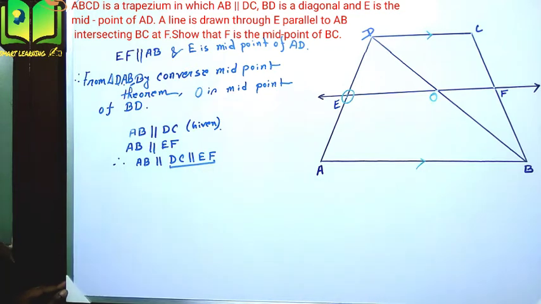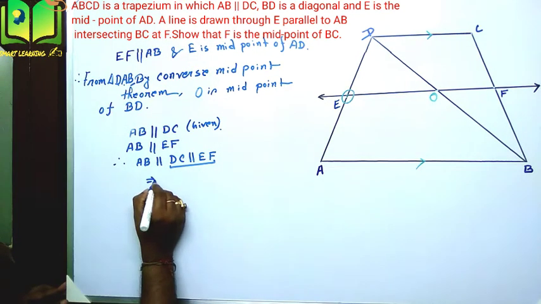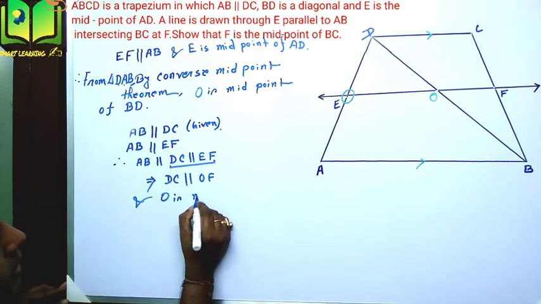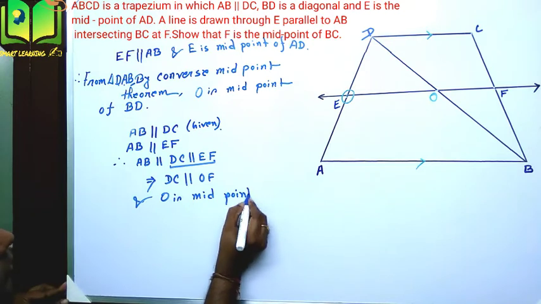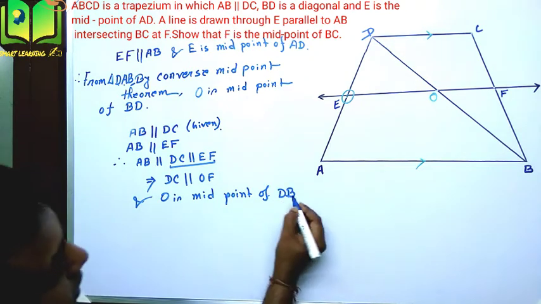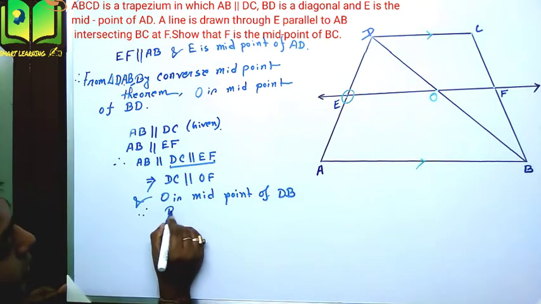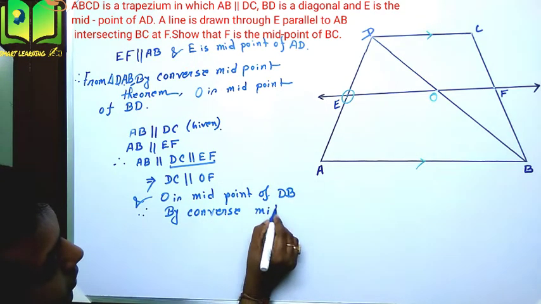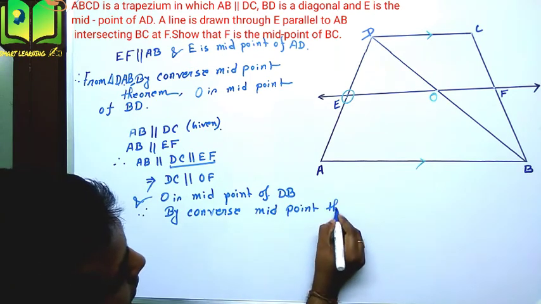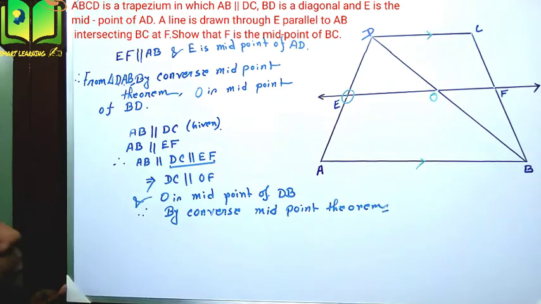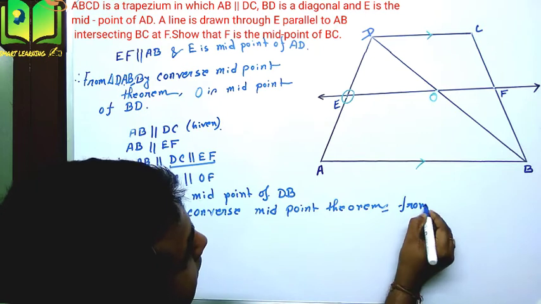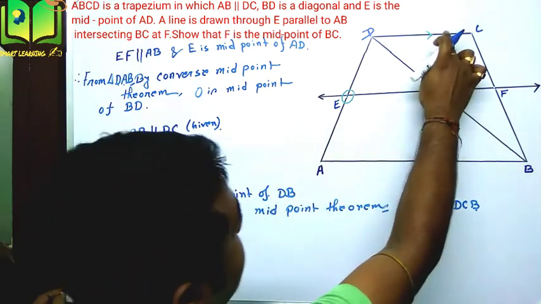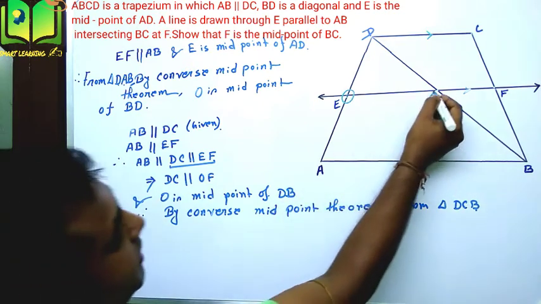From this condition DC parallel EF, we can say that DC is parallel to OF and O is the midpoint of DB.